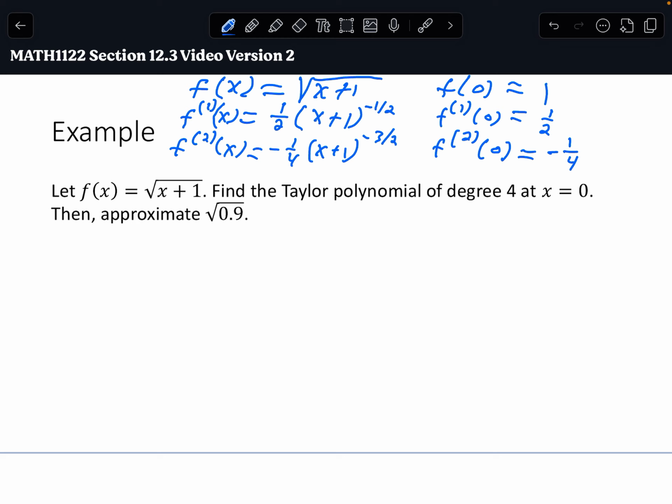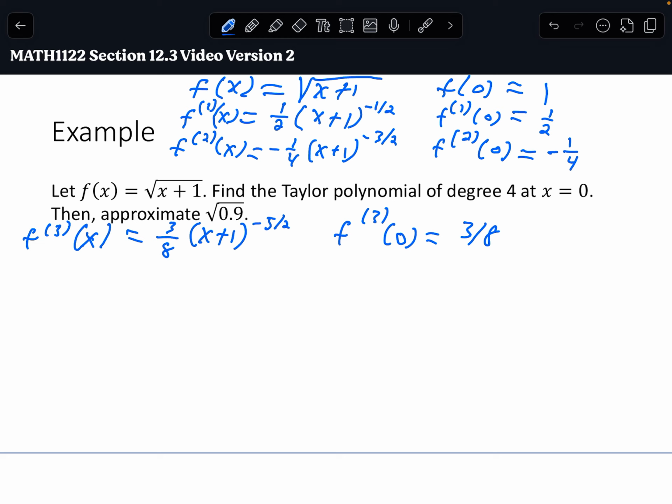We want degree 4, so we need to do this 2 more times. The third derivative of f of x is going to be 3/8 times x plus 1 to the negative 5/2. And the value of the third derivative at 0 is going to be 3/8.